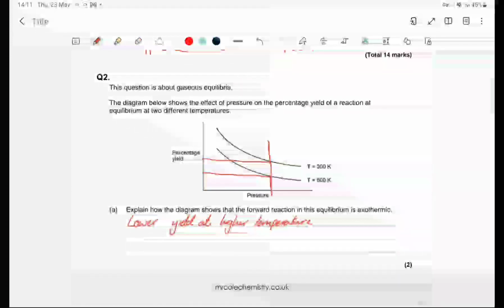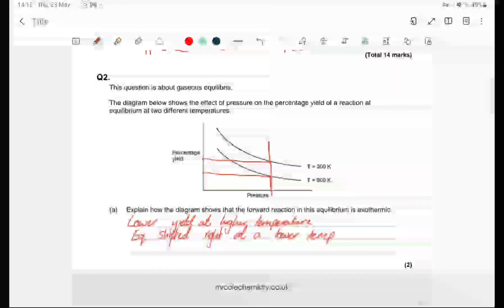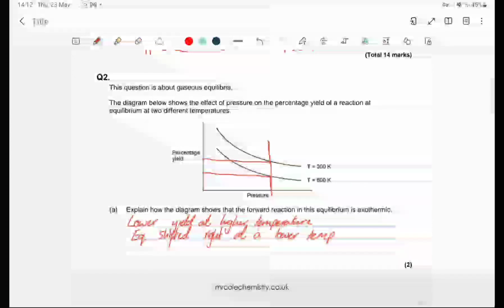So, if the yield has increased with a lower temperature, that means the equilibrium has shifted towards the right at a lower temperature. You of course can say this in the inverted way, so you can say that when the temperature increased, the percentage yield decreased, which means that the equilibrium shifted towards the left.